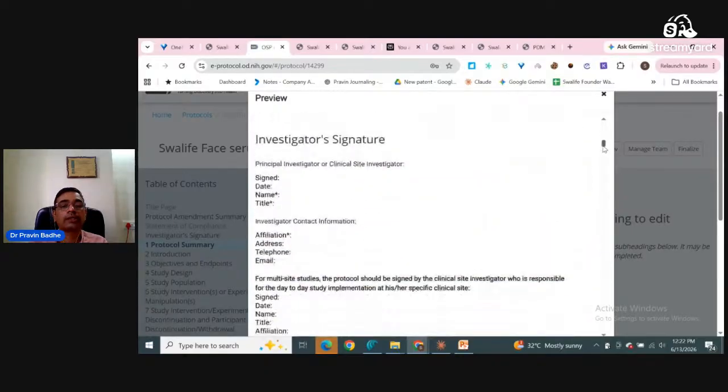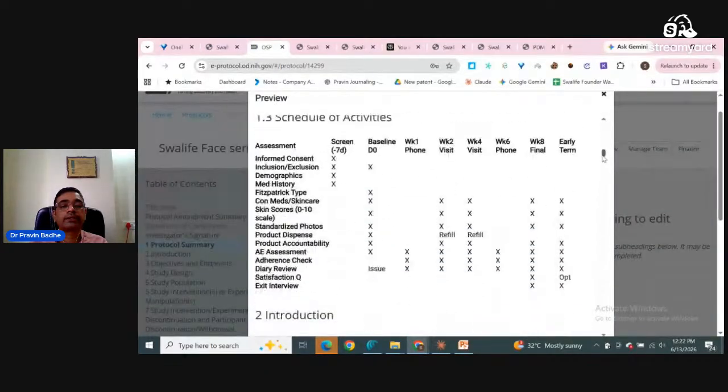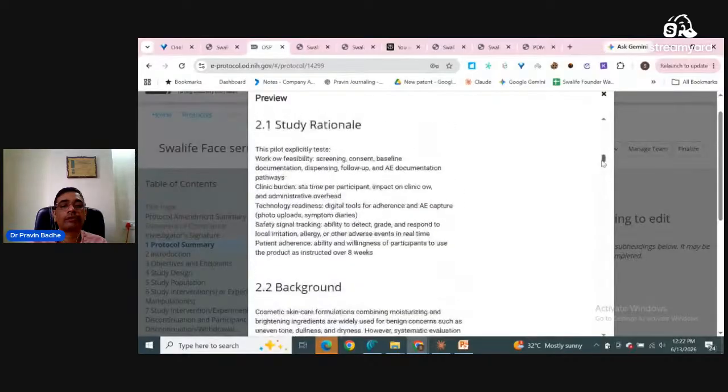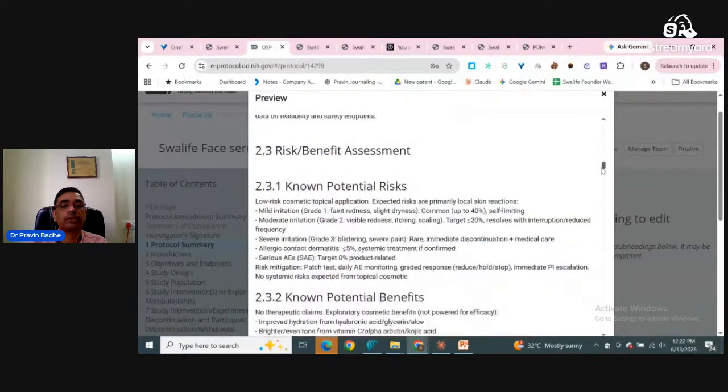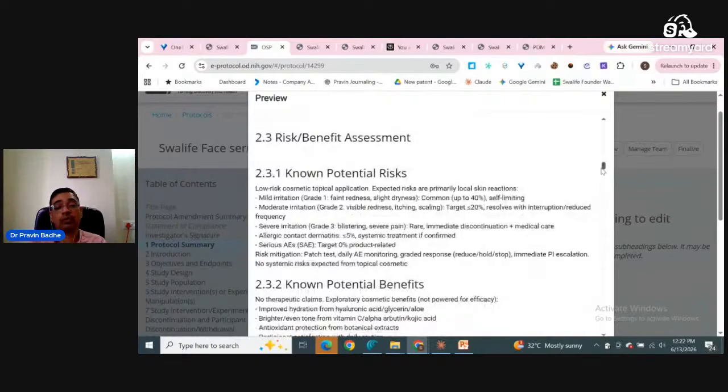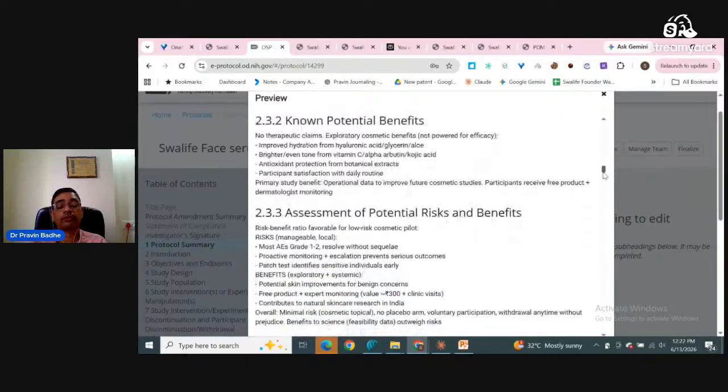author, and you can see that it is giving us, starting from the study rationale, background, risk benefit assessment, which you will get with the help of a large language model, for the information which is available.